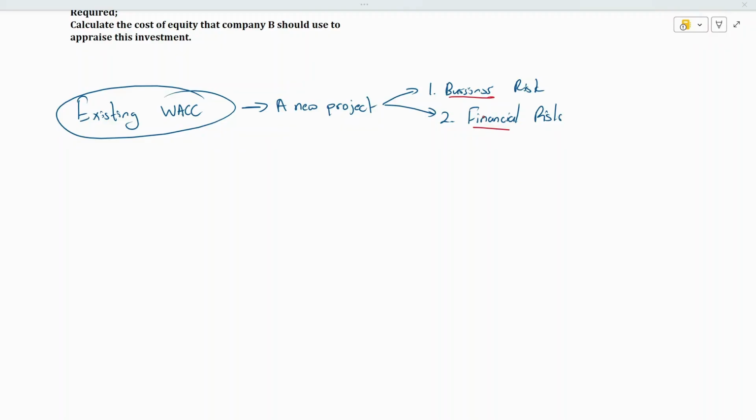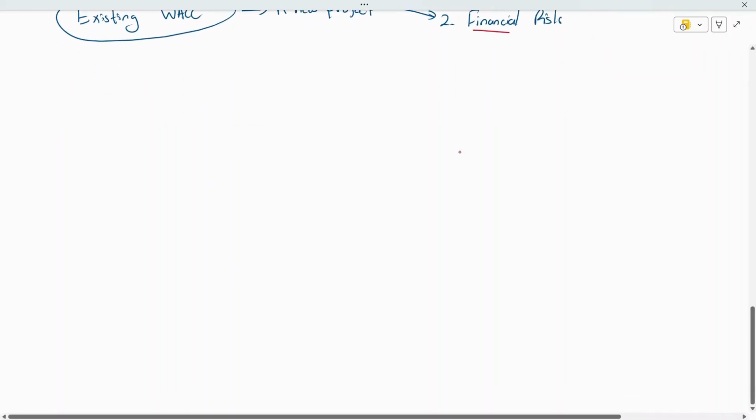Therefore, we cannot use the company's existing weighted average cost of capital to appraise the new project. So this regearing and ungearing scenario is more suitable if the company's business risk is changing. How do we calculate a new cost of equity for the organization? That is a bit of an introduction.